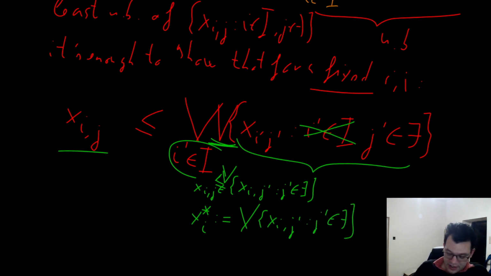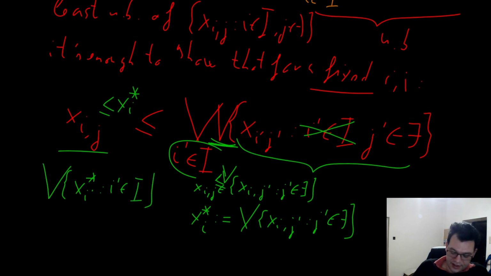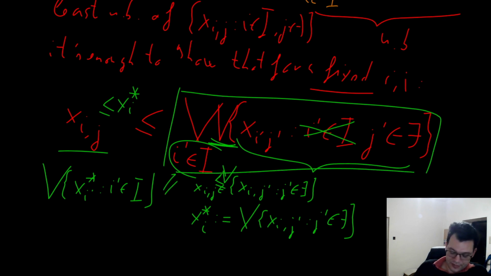Okay. So this just says that xij is smaller than or equal to xi star, and we have the set of xi prime star, i prime in I, and the supremum of this on the right-hand side is the same. xij is smaller than or equal to xi star, xi star is a member of this set, and this guy here is the supremum of this set.